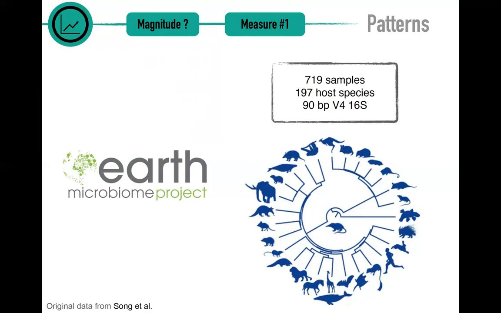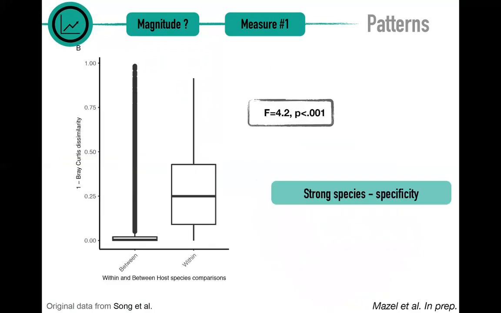We delineated microbial species using a particular region of the genome of the bacteria, which is 16S, but we don't really care about that. Using this data set, I can test whether that specificity is widespread or not. Here you have the plot of the similarity in taxonomic composition between individuals, so 1 minus beta diversity, separated into between species comparison and within species comparison.